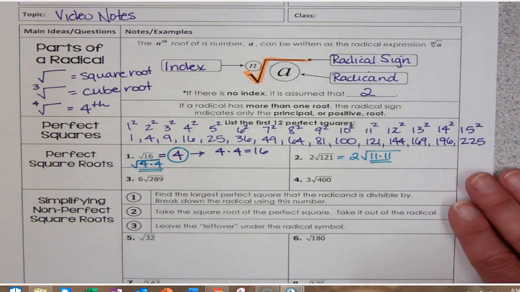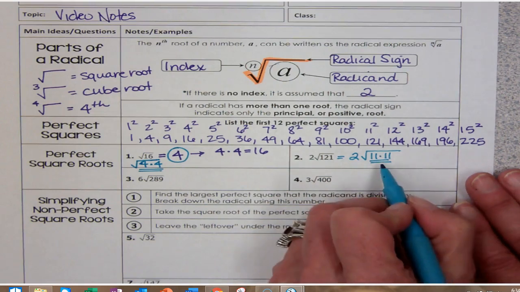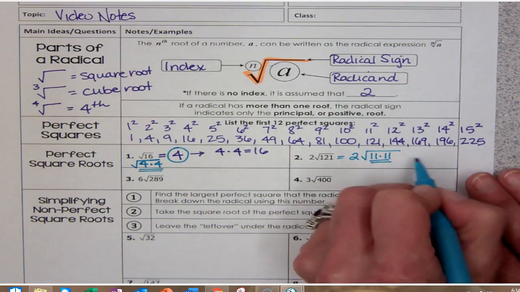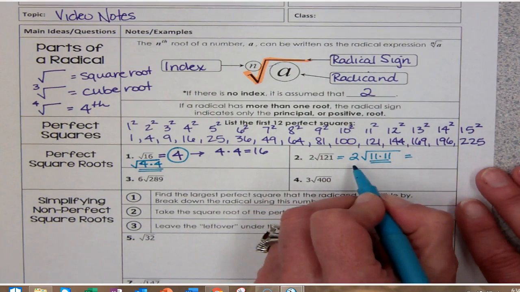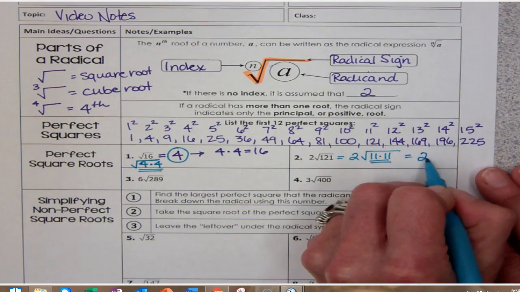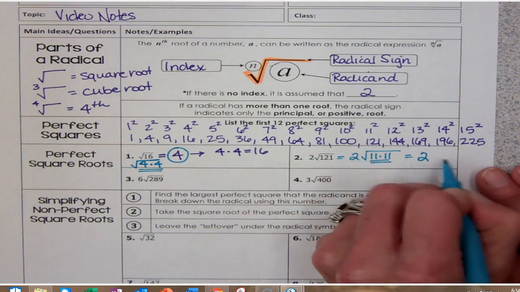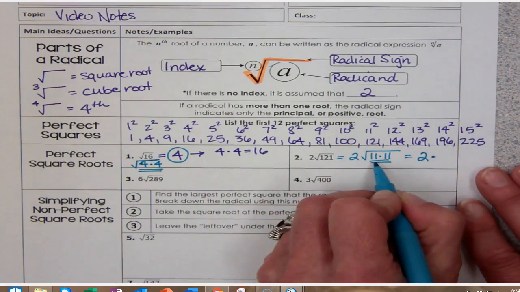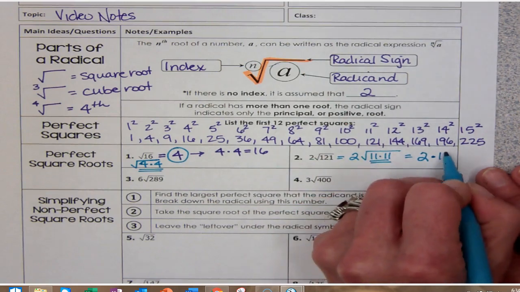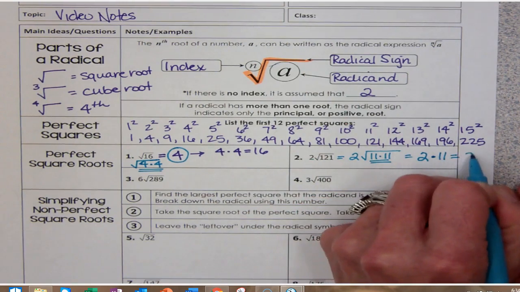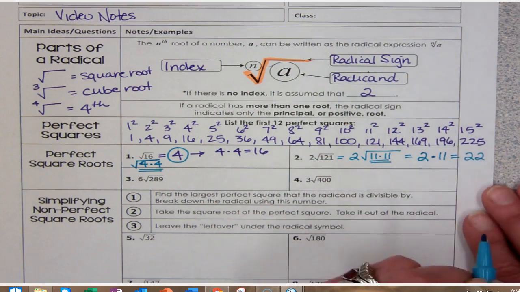So when you have a pair of the same number multiplied by itself, you can basically simplify that as just 11. Now in this case, we have this 2 out here. This is a multiplication sign. So since we can simplify the square root of 121 as 11, 2 times 11 is going to give us 22.